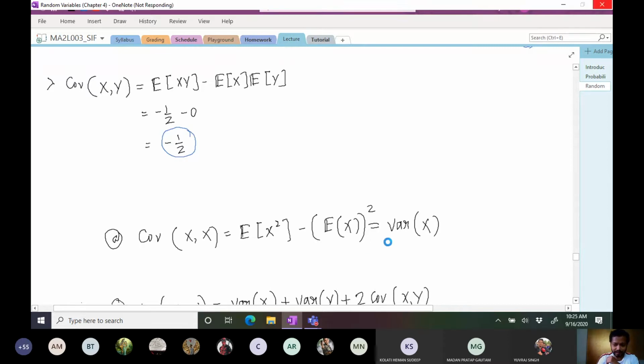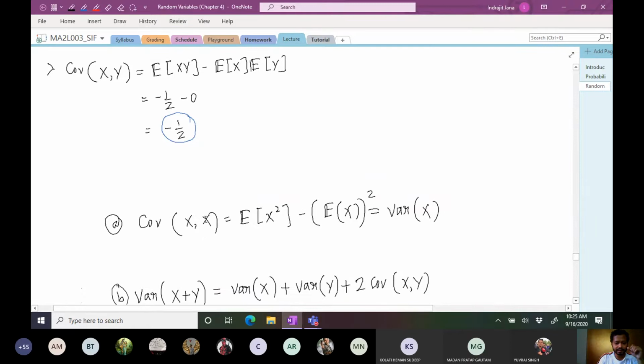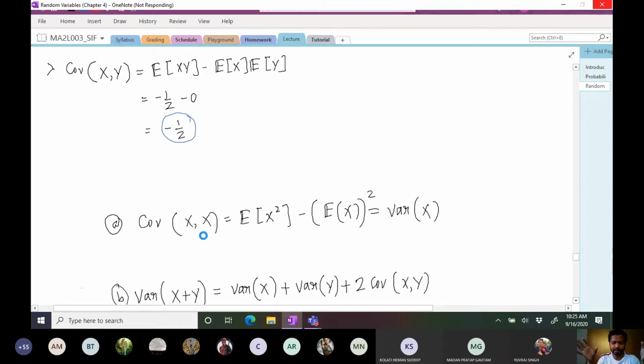So essentially this is variance of x. So covariance between x with itself is the same as the variance. You can think of it this way: if you are finding covariance between x and x, then essentially y is equal to x, right? Usually we find covariance between x and y, but if I replace the second component by x, essentially y is equal to x, which is a very high linear correlation, and you get variance. Actually, that is very high.